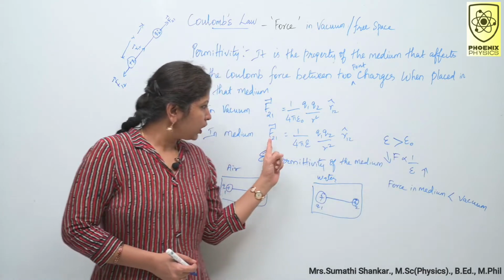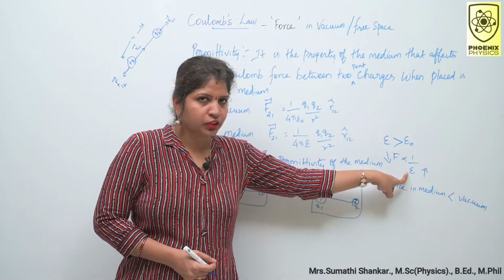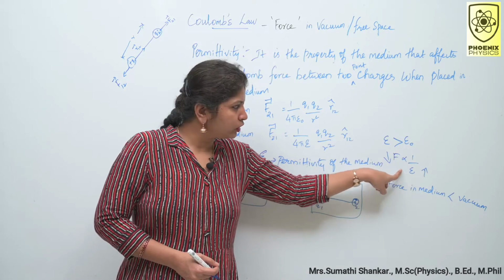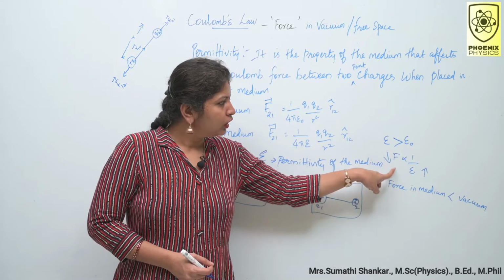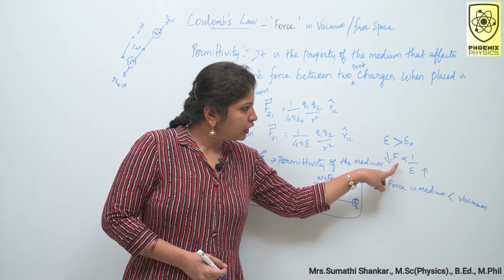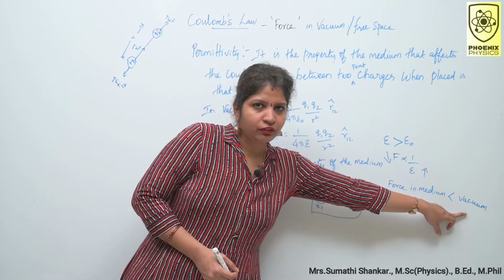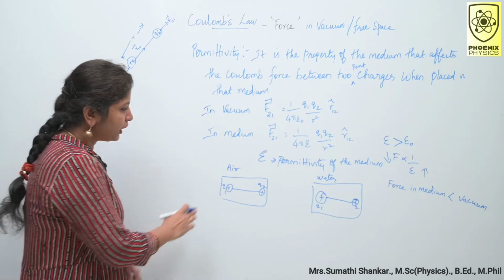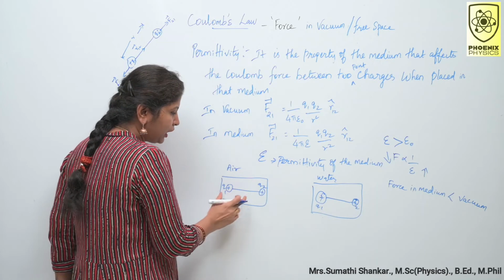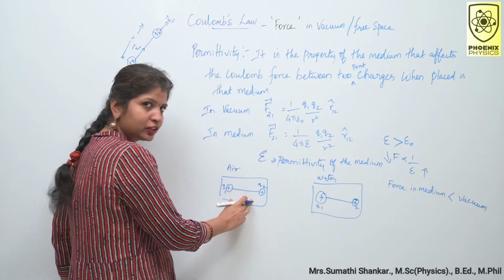So according to this equation, force is inversely proportional to epsilon. Epsilon has a greater value, so being inversely proportional, F has a minimum value. That is why I concluded that the force between two charges in a medium is less than that in vacuum. Look at the diagram. Here I have taken two media. This is the air medium and this is the water medium. I kept two positive charges inside the air medium.